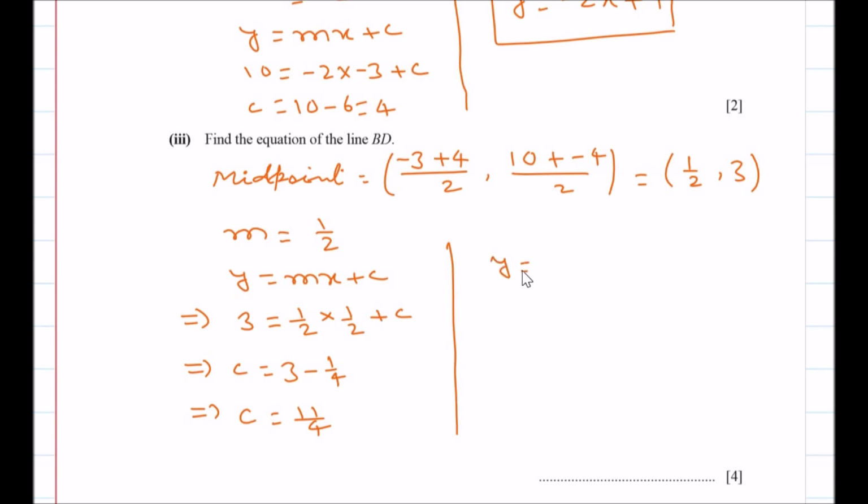So the equation will be, let us put the value of m and c. Y equal to 1 by 2x plus 11 by 4. So this is your answer.